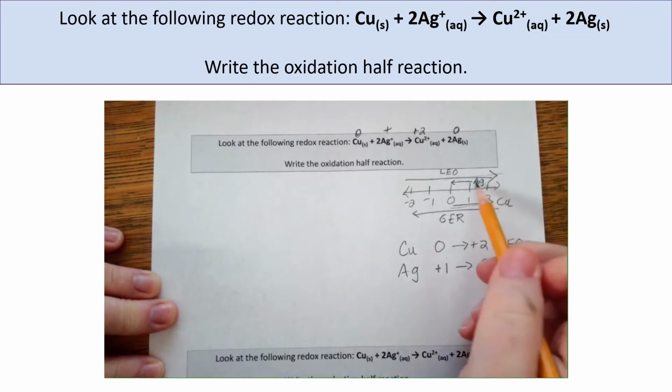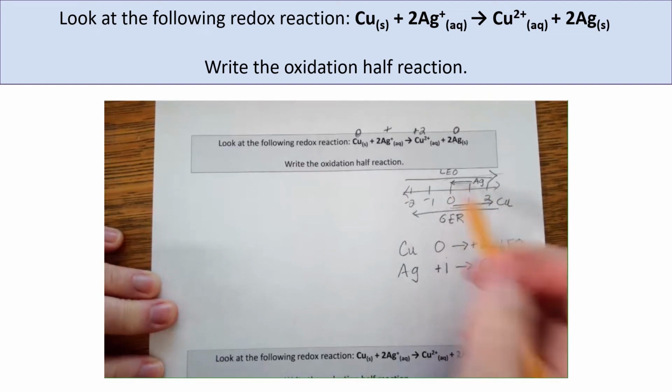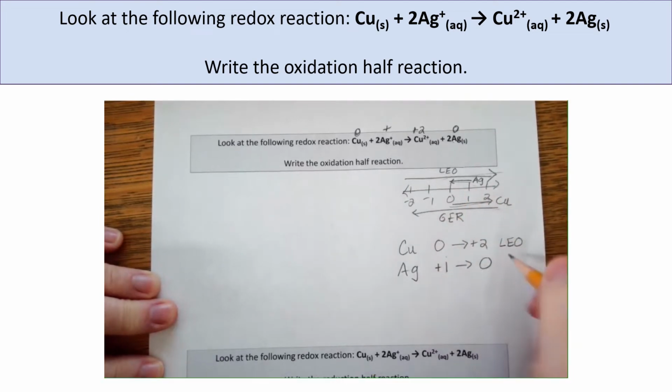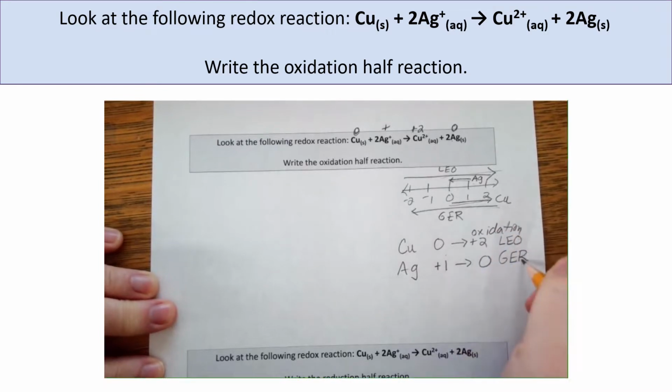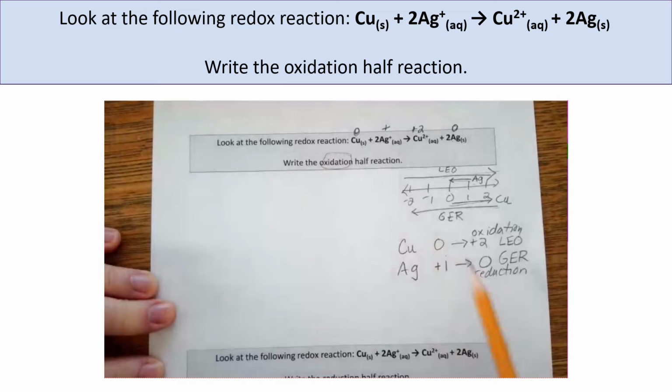And Ag going from +1 to 0, going this way, is following the Gur arrow. The Leo arrow is oxidation and the Gur arrow is reduction. So let's write, which one are we doing? Oxidation.